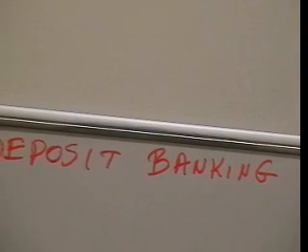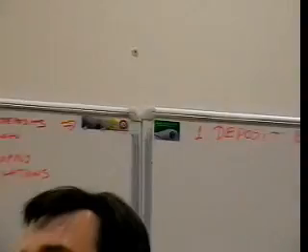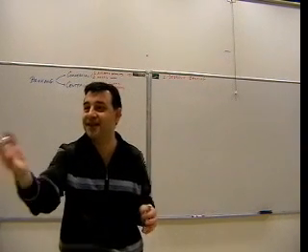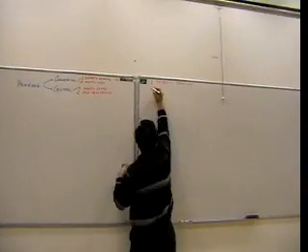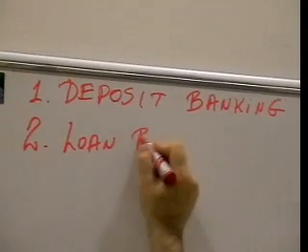Alright, so this is how it's called, the function of accepting deposits, alright? Nothing more, nothing less. And of course, what's the next best guess? Loan banking, correct. So number two is loan banking.